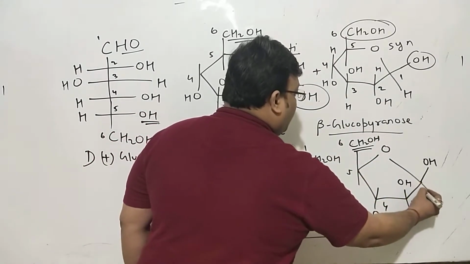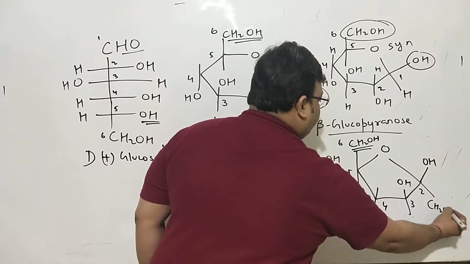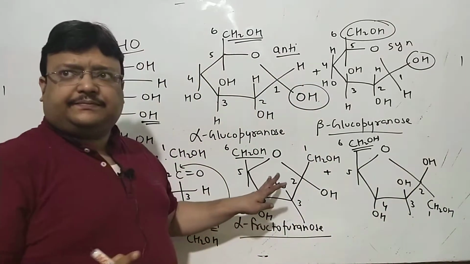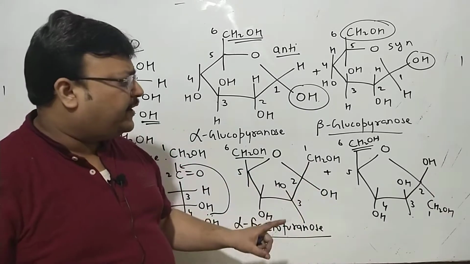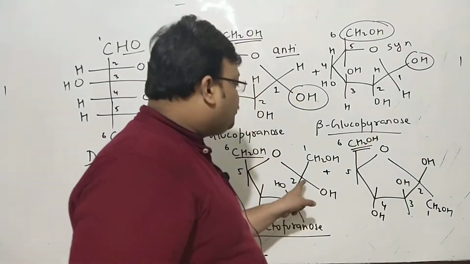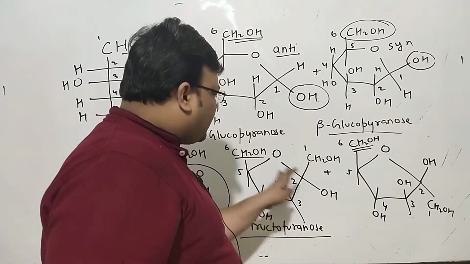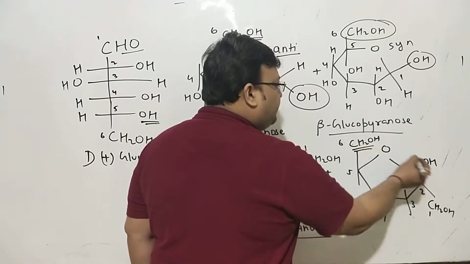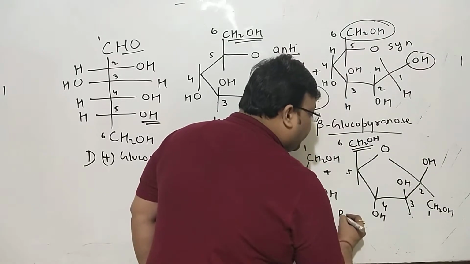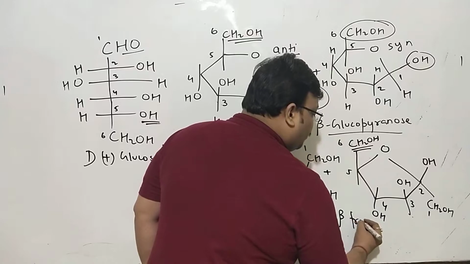And at carbon 2, anomeric carbon, this is carbon 1 CH2OH. I hope it's all there in the frame. At carbon 2, these two will differ. Naturally, when the two are anti, you will call it alpha form. And when the two are syn, this above, this also above, you will call it the beta form. It's beta fructofuranose.